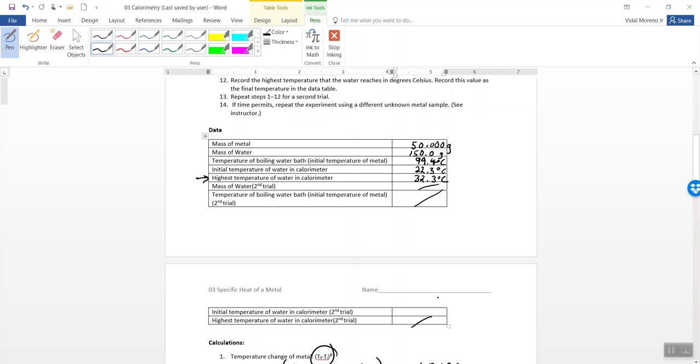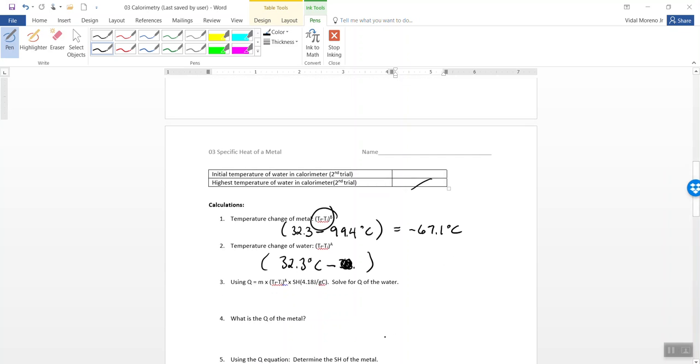What is the initial temperature of the water? Tucker, give me a difference.